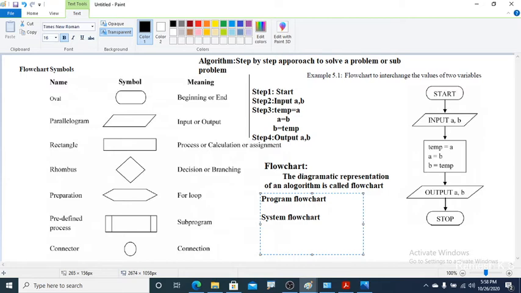So what do you mean by a program flowchart? It specifies only the flow of operation of an algorithm.